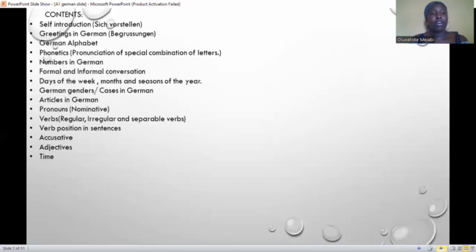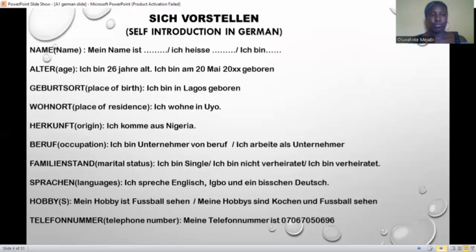Now, these are different topics that we would touch, but it might expand, I might add some to it, we might do a whole lot of other things. But we're going to start with self-introduction. Now, take note, some of the alphabets used in this slide are not correct, some words are not spelled correctly. Why, if you may ask?